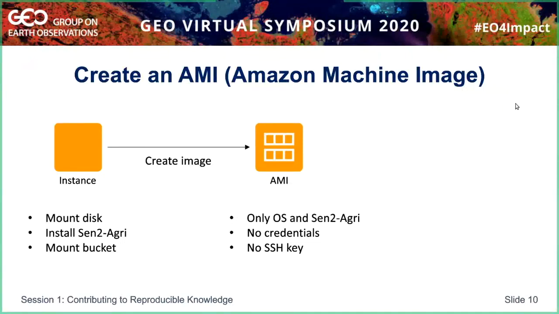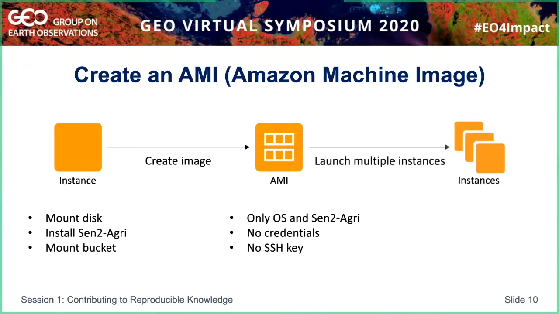And then once we have that image, we can just launch multiple instances with that image. So every instance running will have the Sen2Agri system already installed, configured with an access to the bucket, with an access to the data disk, and that kind of thing.